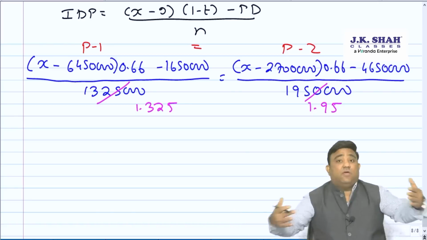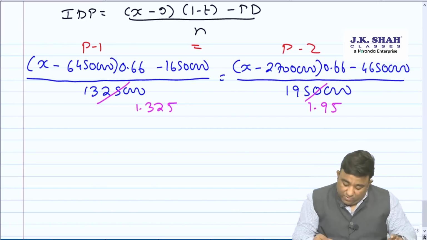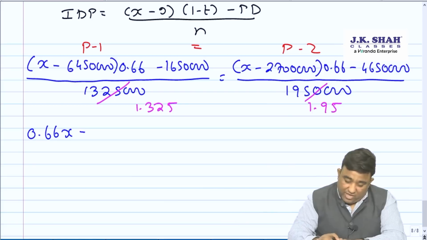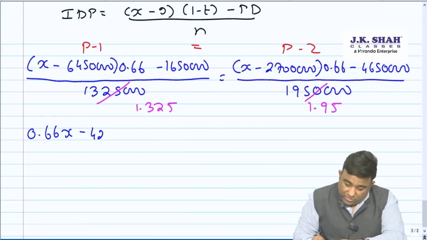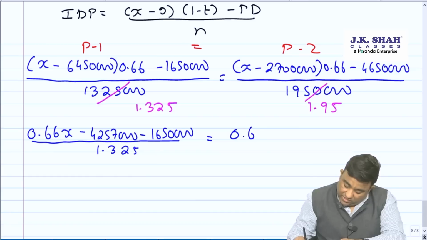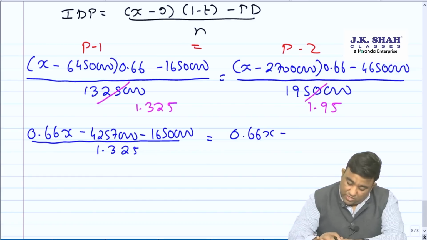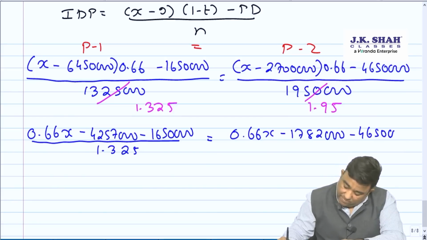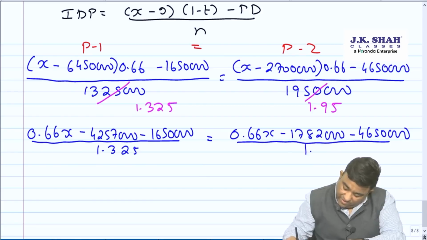Now open the bracket, cross multiply. If I open the bracket, this is 0.66x minus 64 lakh 50,000 into 0.66, it is minus 42 lakh 57,000, minus 16 lakh 50,000 as it is, divide by 1.325. This is 0.66x minus 27 lakh into 0.66, which is 17 lakh 82,000, minus 46 lakh 50,000, divide by 1.95.